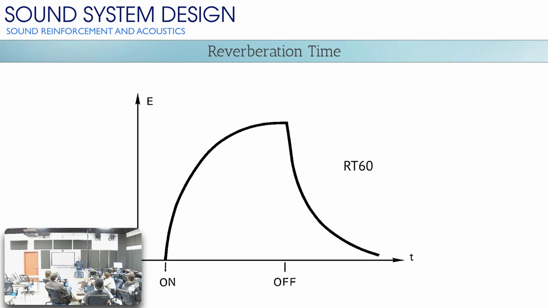Because what's happening there is that energy starts from you and it hurtles towards all the walls at 1,000 feet per second in every direction. Okay? And once it hits those walls, some of that energy gets absorbed, but a whole lot of it gets reflected. And it bounces off that wall and hurtles at 1,000 feet per second in the opposite direction until it hits another wall.